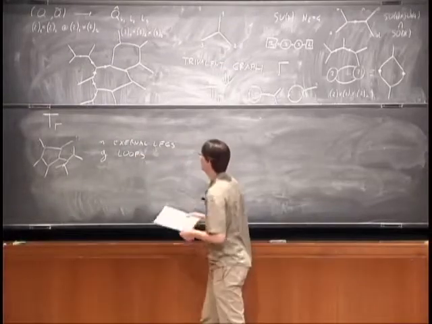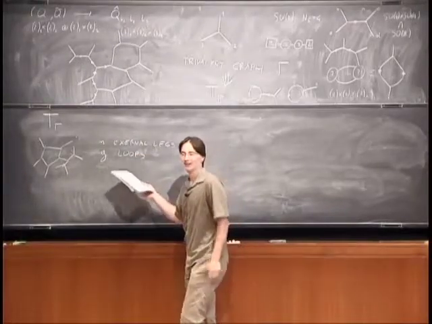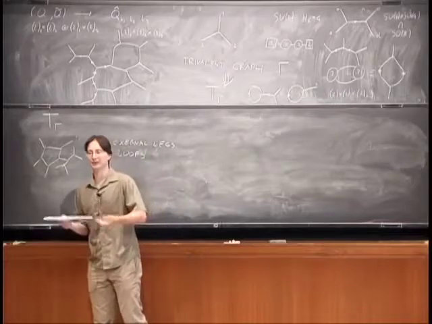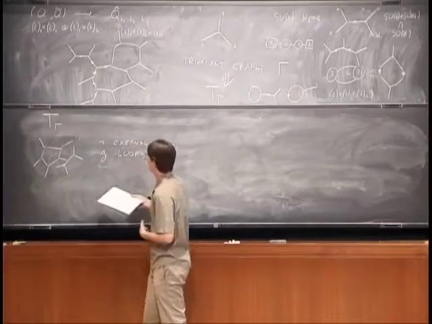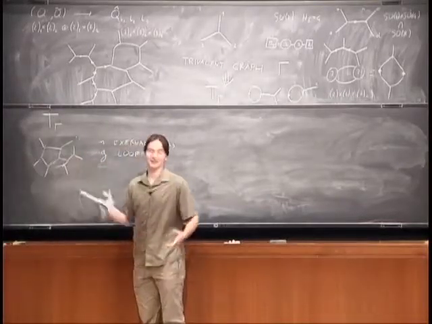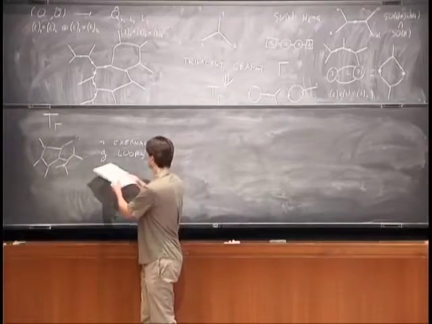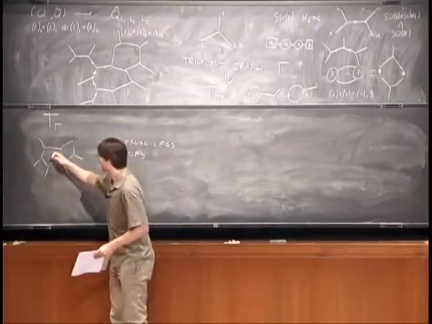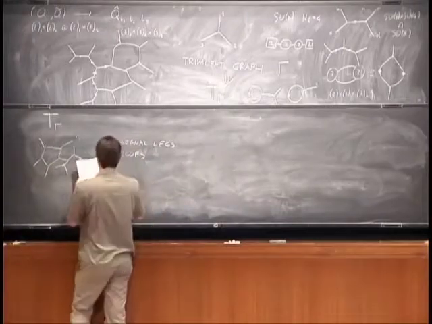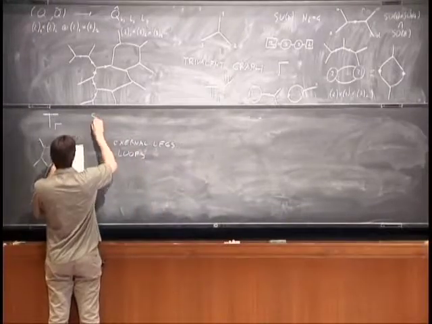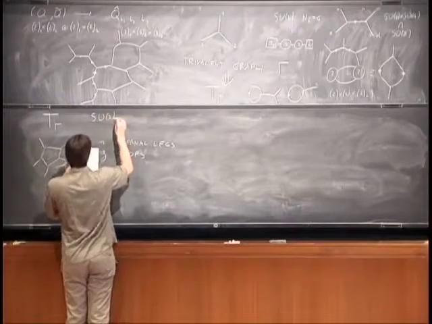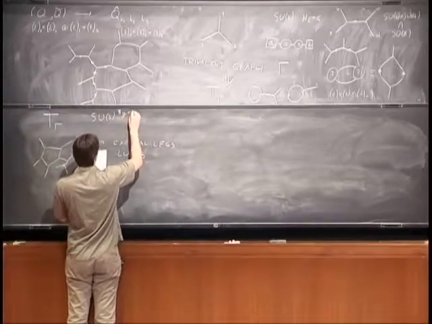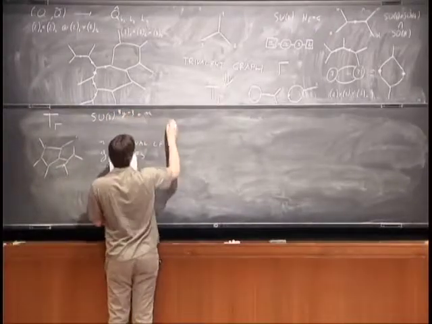Now, if you have no loops, it's a tree, and it's very easy to count the number of vertices and internal legs. And then every loop removes 2 external legs and adds an internal edge. So it's easy to show that you have an SU2 to the 3G minus 3 plus n gauge group.